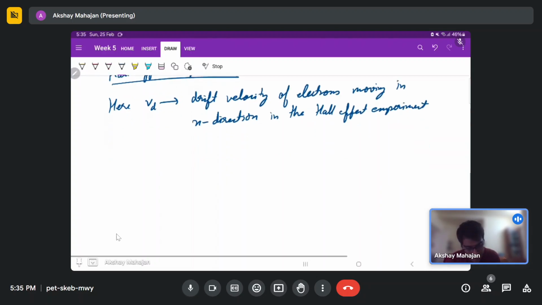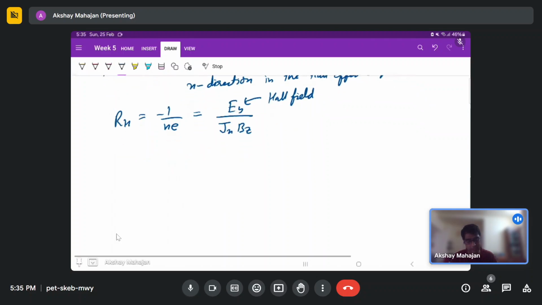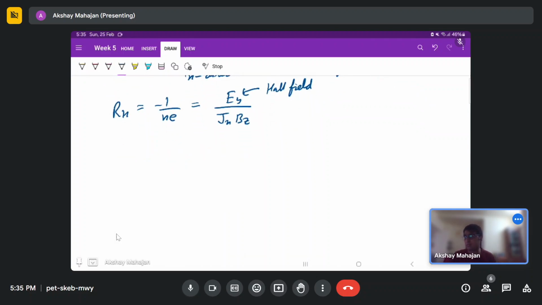We know that our Hall coefficient RH is given by minus 1 upon Ne. This will be equal to Ey upon Jx times Bz, where Ey is the Hall field. This is the field that is generated because of the deflected electrons, and the electrons which are not deflected will just move in the x direction. We know that Jx we can write as minus Ne times Vd.